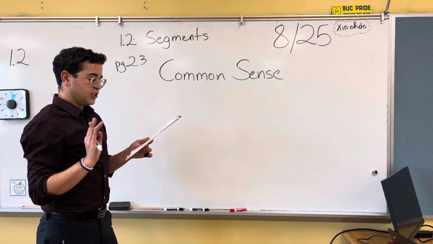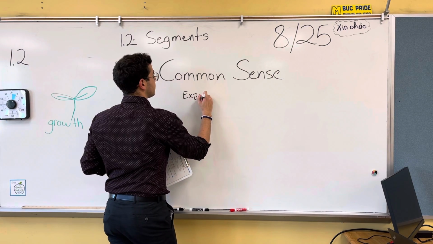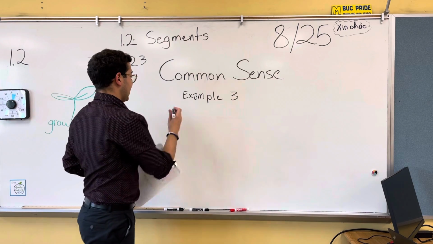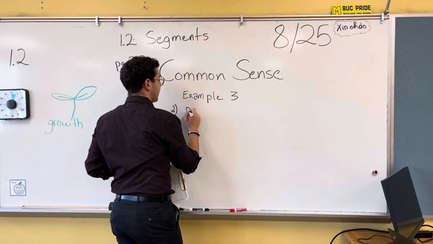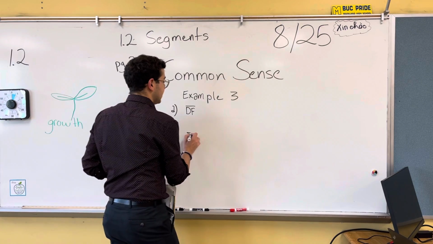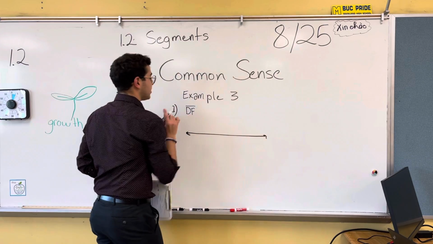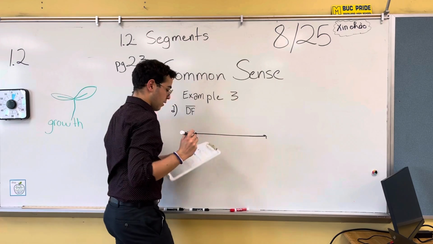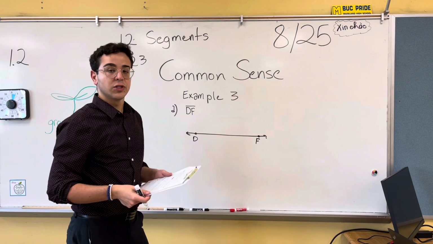In the middle-ish of page 23, we see example 3. Example 3 has part A, and part A has the instructions to find line segment DF, right? DF is a line that goes on forever and ever, but we want to measure the distance from D all the way over to F, and we're not using a ruler.